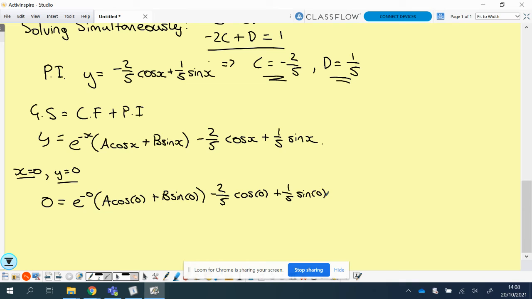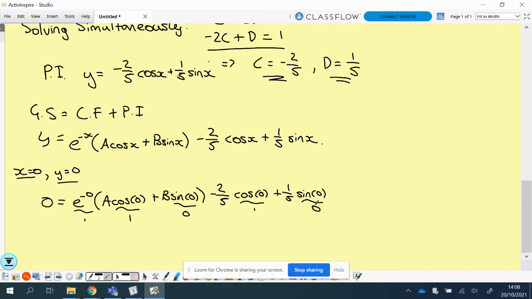A lot of things do vanish. Anything to the power 0 becomes a 1. All the cosines at 0 have value 1. Anything that is sine becomes 0 at 0.